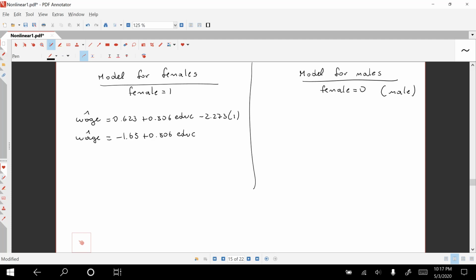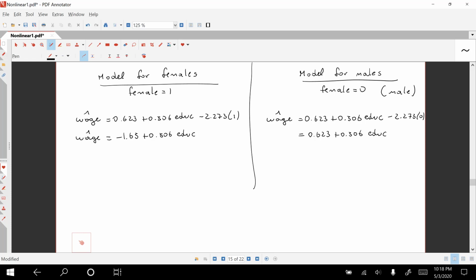We have a male, so again, using our estimated relationship, we just plug in the number 0. So we just have 0.63 and 0.66.